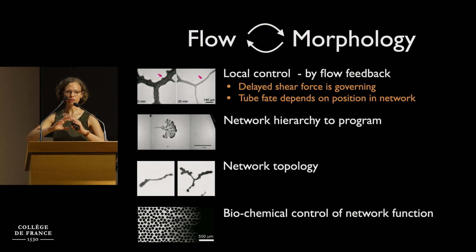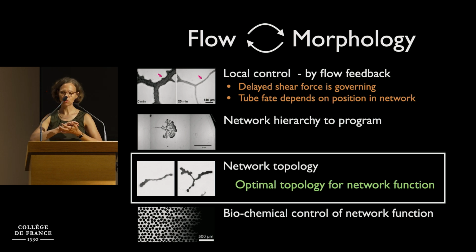And that's why having this total view of the network is really important to be predictive over the dynamics for the future of a tube. So we learned how a network is reorganizing its morphology over time. So now I want to ask, how does this network morphology actually impact the functionality of this network?